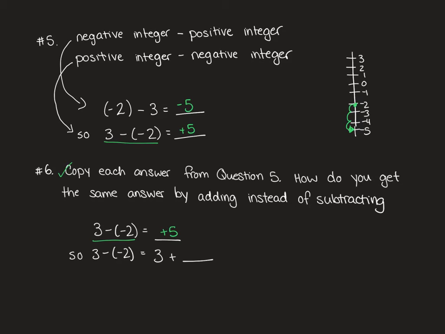Then we have to figure out how we could add to also get +5. So if we had 3 plus, what would we add to 3 to get +5? Well, we would add a +2. So this tells us that 3 minus -2 is the same thing as 3 plus +2.